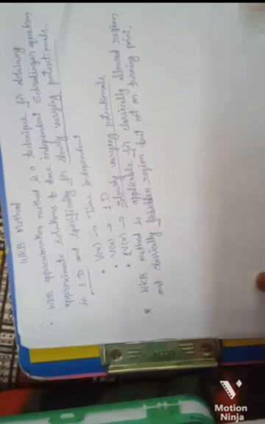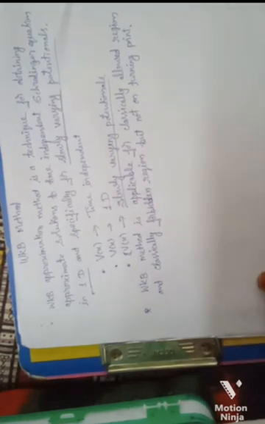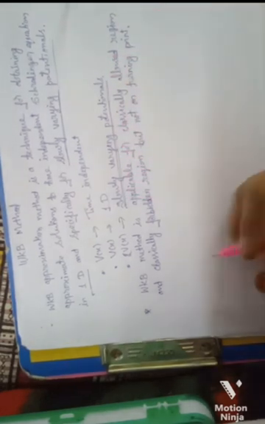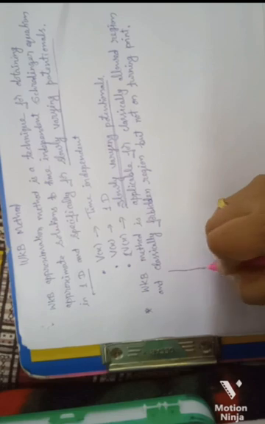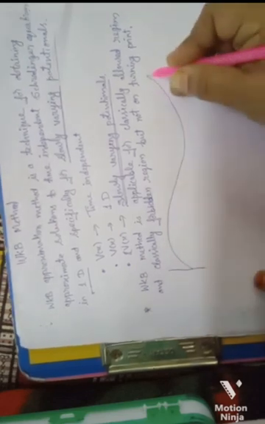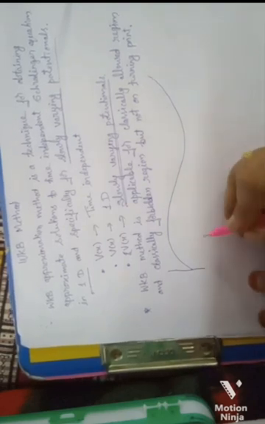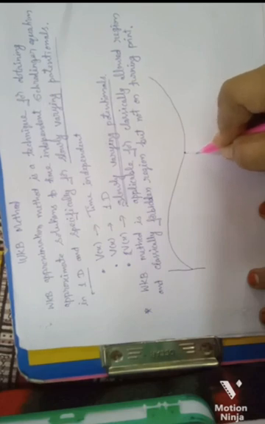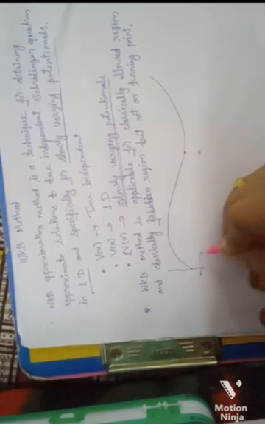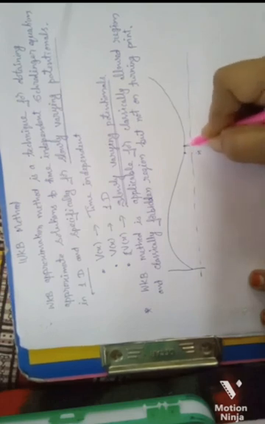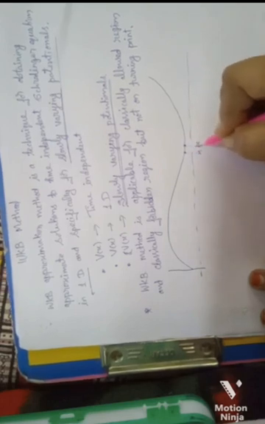Now what is the meaning of classically allowed and classically forbidden? First, we will see the meaning of slowly varying potential. Suppose this is one wave, and we take one point at distance x here, this is x, and this is dx.